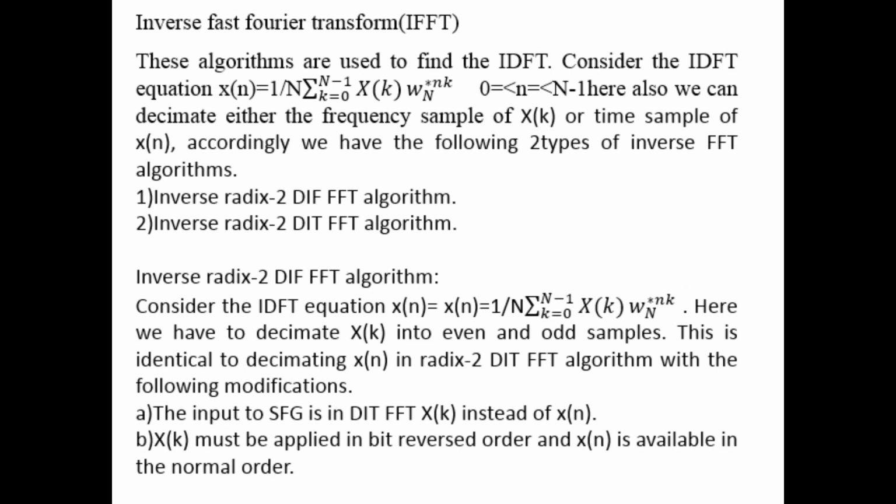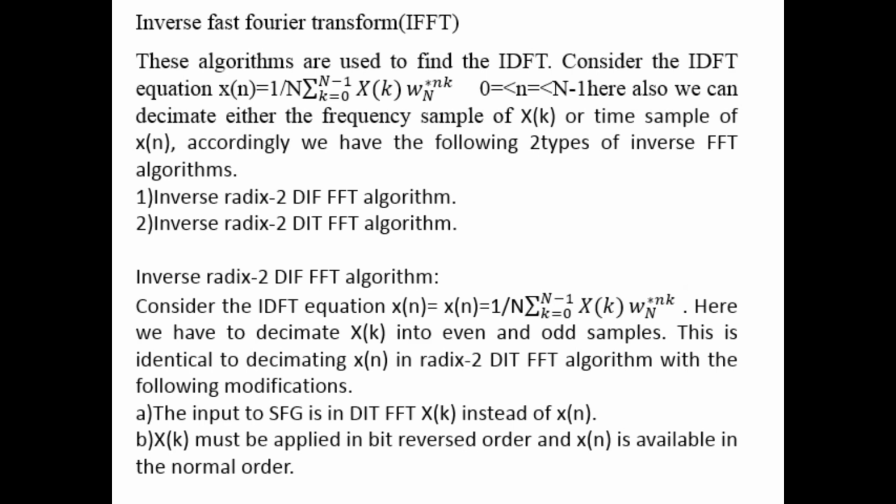Consider the IDFT equation x of n is equal to 1 divided by N summation k is equal to 0 to N minus 1 X of k into omega N of star nk. Here we have to decimate X of k into even and odd samples. This is identical to decimating x of n in radix 2 DIT FFT algorithm with the following modifications.